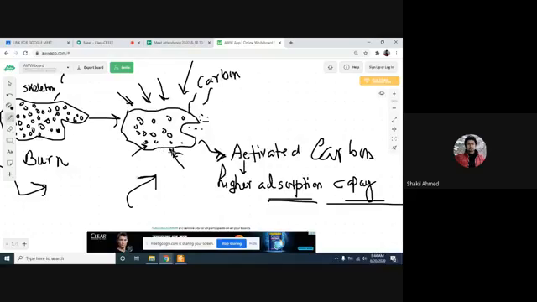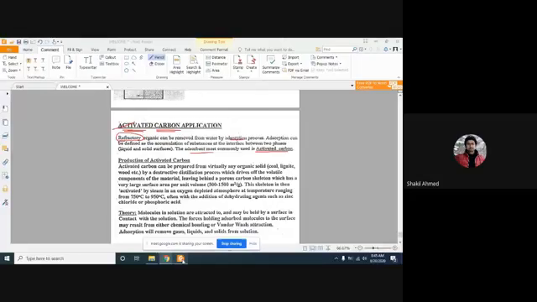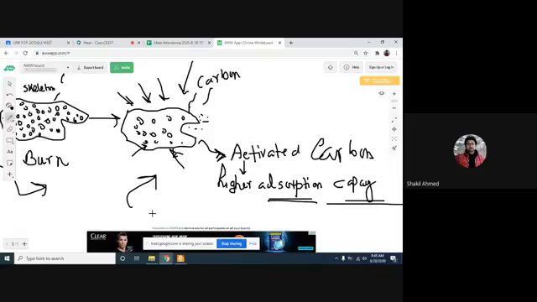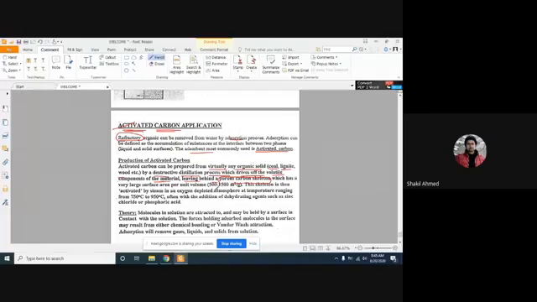So activated carbon. Okay. So activated carbon can be prepared from virtually any organic solid, coal, lignite, wood, passed through a destructive distillation process which drives off the volatile components of the material, leaving behind a porous carbon skeleton. A porous, that's what we are talking about, porous carbon skeleton, which has very large surface area per unit volume.